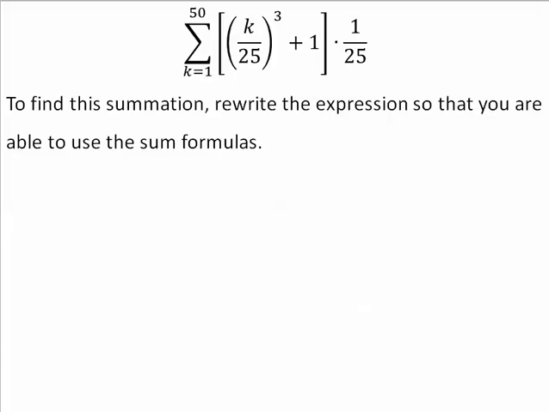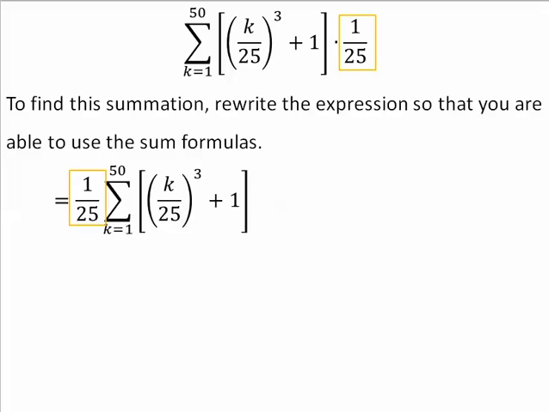So if I were to have something like this, notice that k is starting at 1. It's going up to 50. What I'm going to need to do is rewrite the expression so that I can use one of those sum formulas. So this takes some algebra. First thing I'm going to do is pull the 1 over 25 out to the front.